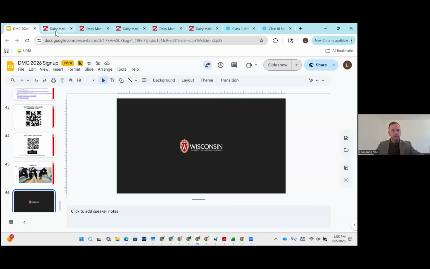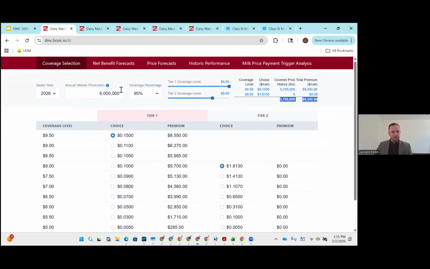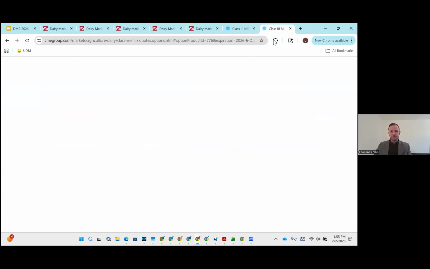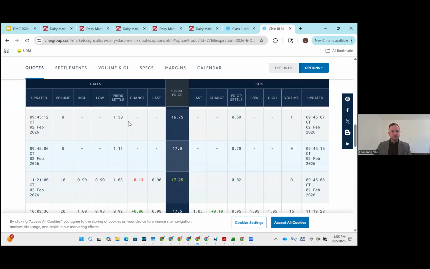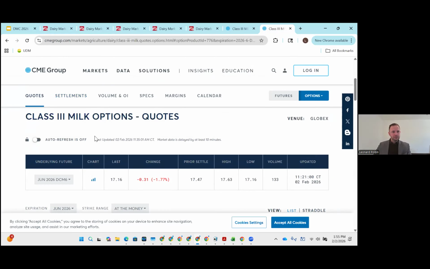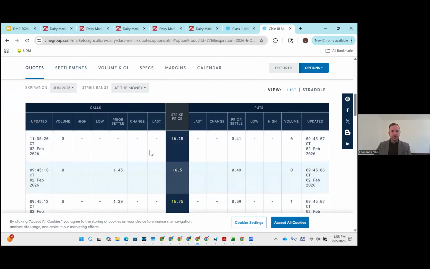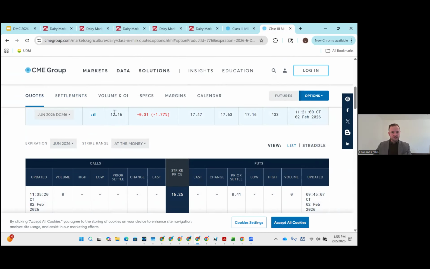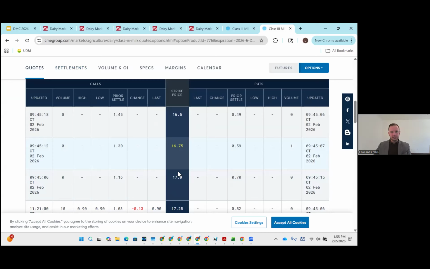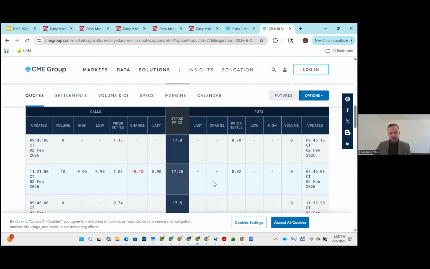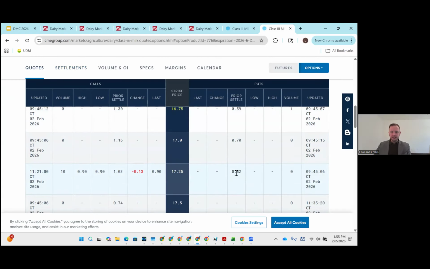When you look at the dairy margin coverage, and you're covering 6 million pounds and paying $8,550 to do it, I compared that to just the Class 3 options premium. This is a June contract, and our current strike price is $17.17. If we pick something close to that, here is this 82 cents.